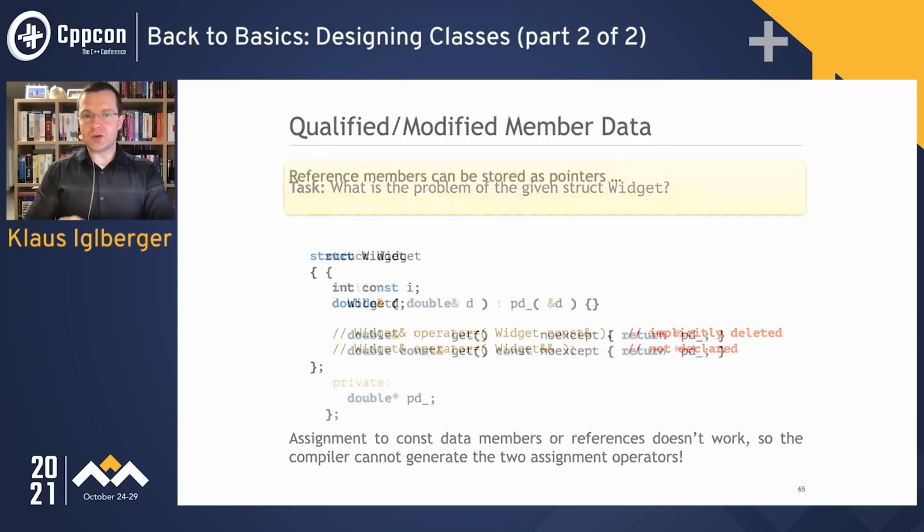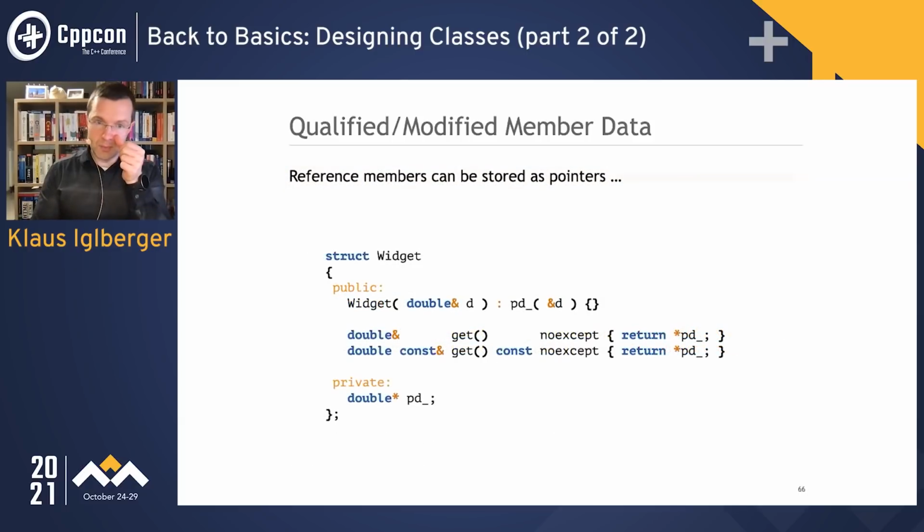And a reference could actually be rewritten in the following form. Instead of a reference, you store a pointer. You make it private, and you pretend that you store a reference. So you pretend by taking a reference and by returning references, for instance, but you do store a pointer. That is copyable and does not pose any problem for assignment operations.